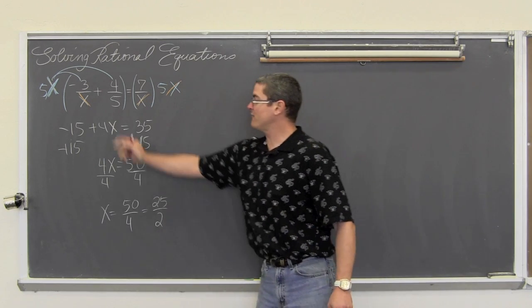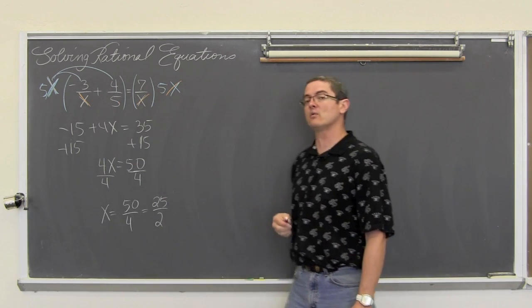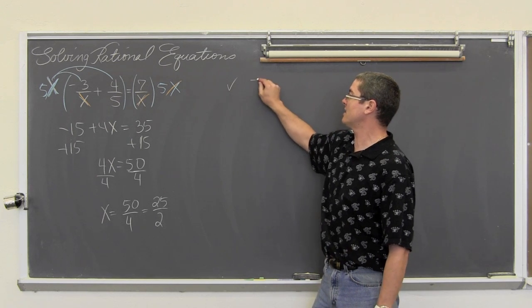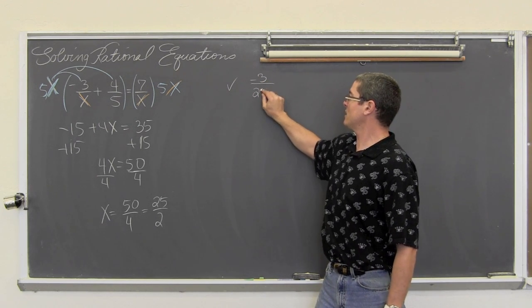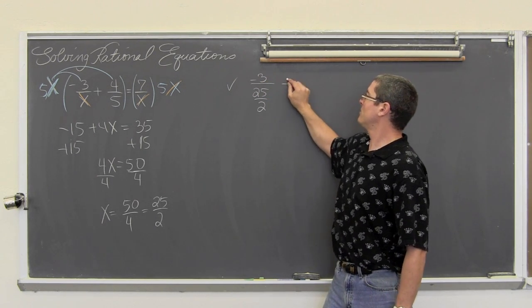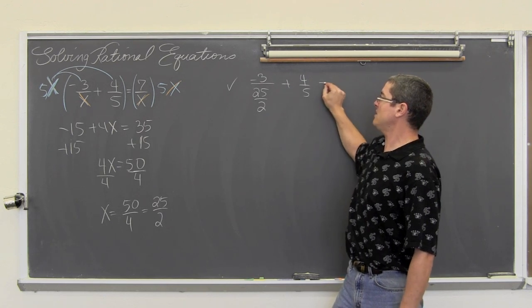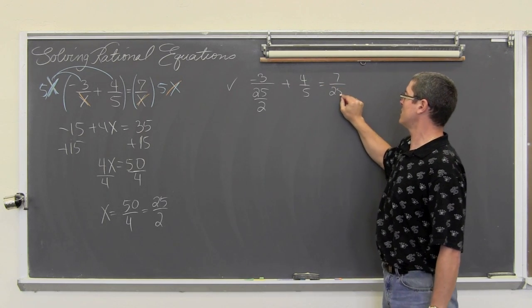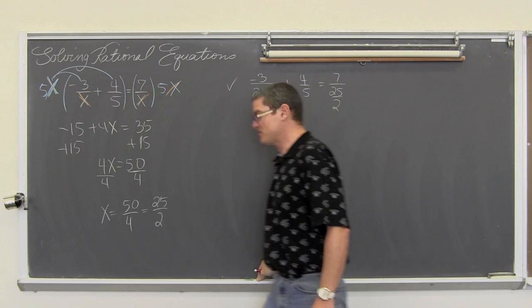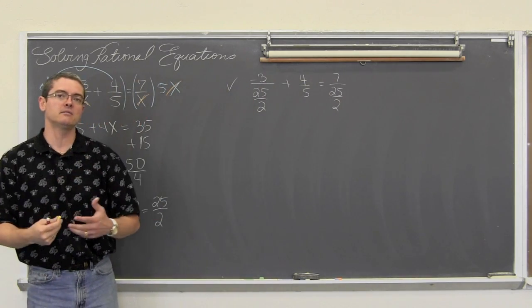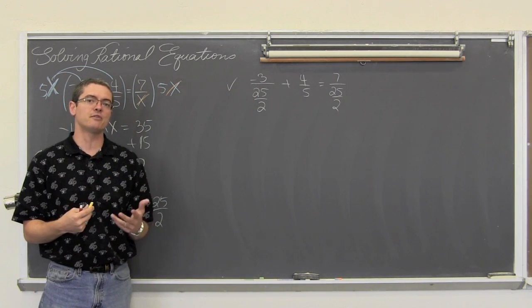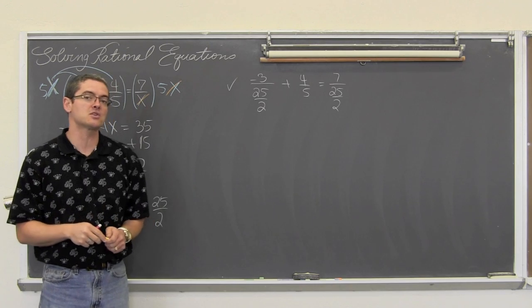So we're going to take this 25 over 2 and plug it back into the original problem, and so our check is going to look like negative 3 over 25 over 2 plus 4/5 equals 7 over 25 over 2. And I do have a video explaining step by step very slowly how to simplify what are called complex fractions.